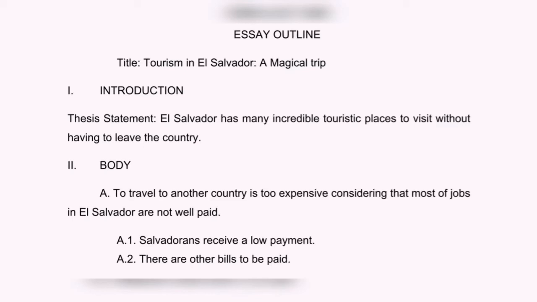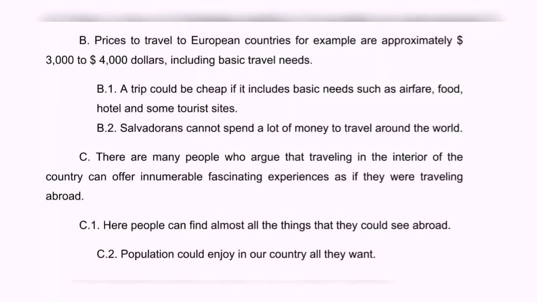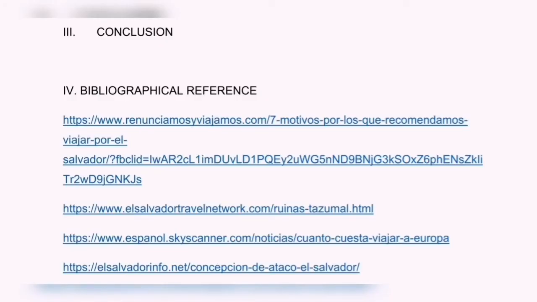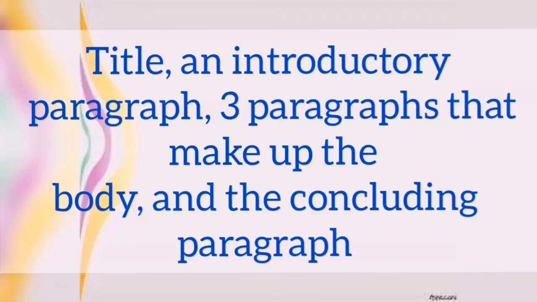It has the 3 main sentences with its supporting details, the conclusion, and the bibliographical references. All of these steps give way to the essay. The essay contains the title, an introductory paragraph, 3 paragraphs that make up the body, and the concluding paragraph.